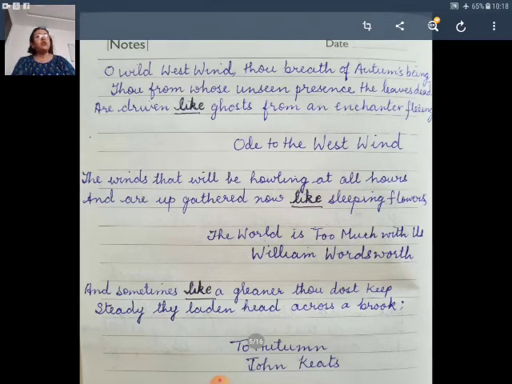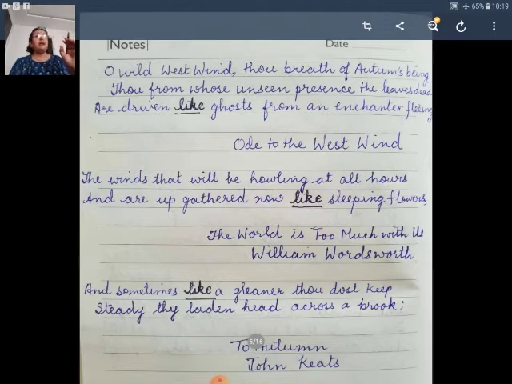And then To Autumn: and sometimes like a gleaner thou dost keep steady thy laden head across a brook. Here autumn is seen as a lady, and we come to know she is compared by seeing the word like. She is compared with a gleaner.